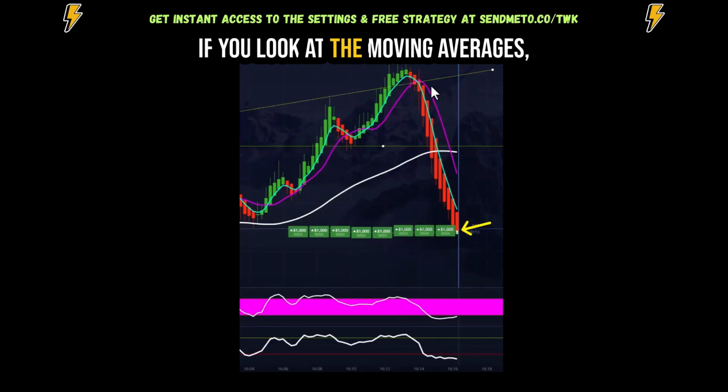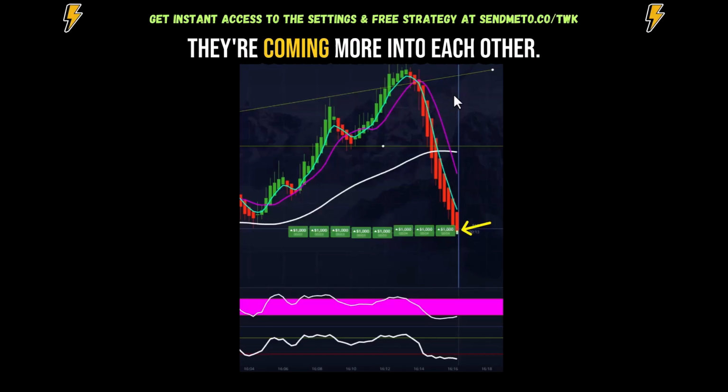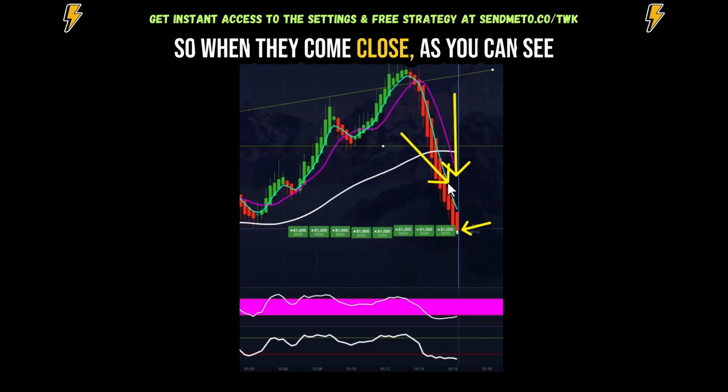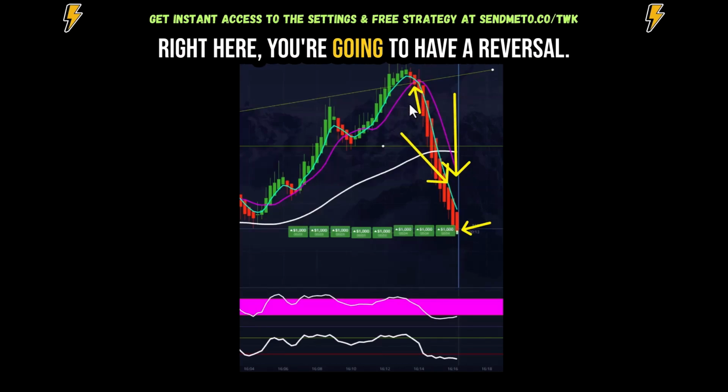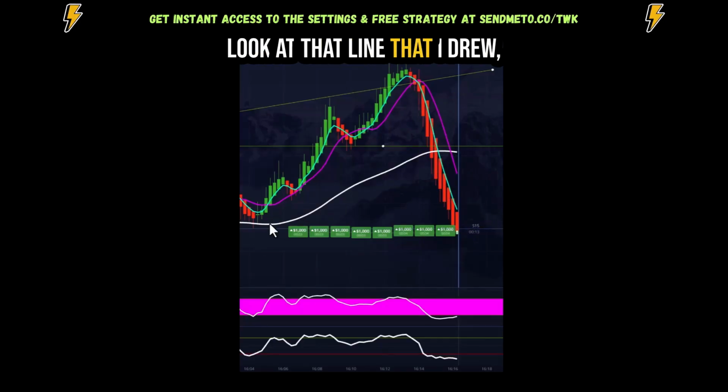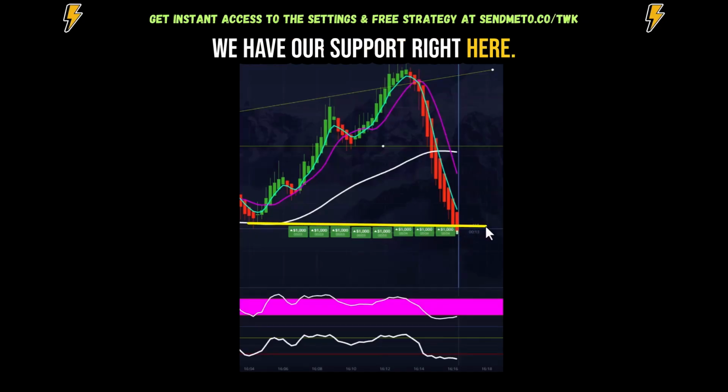If you look at the moving averages, they're coming more into each other, they're coming closer. So when they come close, as you can see right here, you're going to have a reversal. Another thing is that if we look at that line that I drew, we have our support right here.